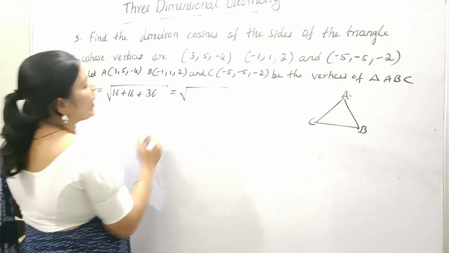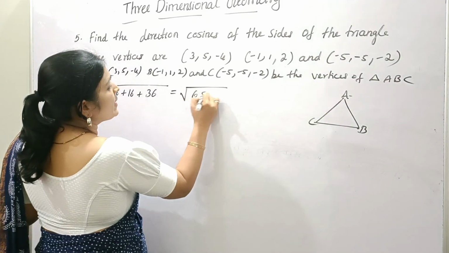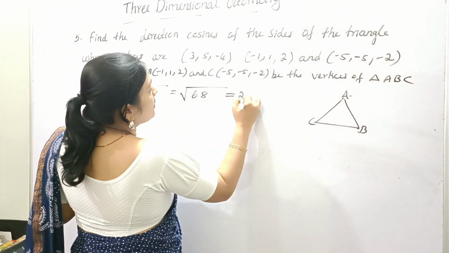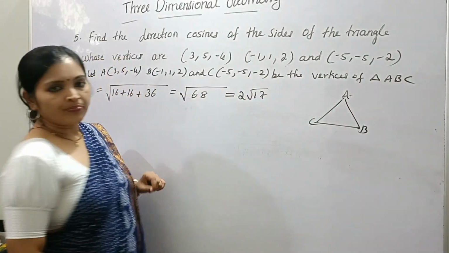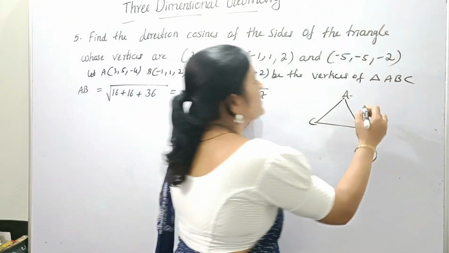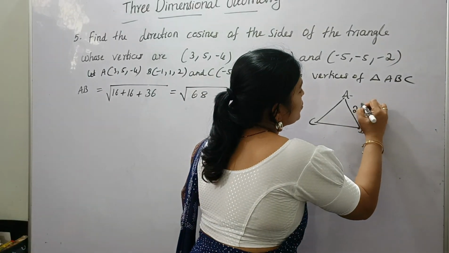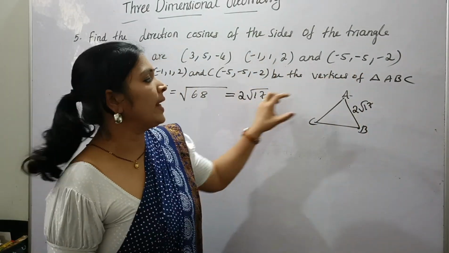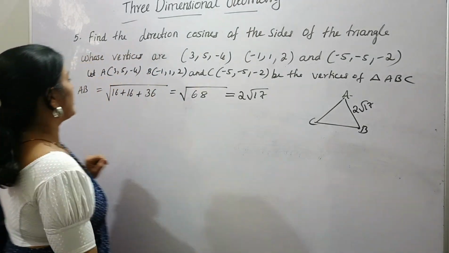That is equal to the square root of 68, that is 2 root 17. So the length of AB is 2 root 17.